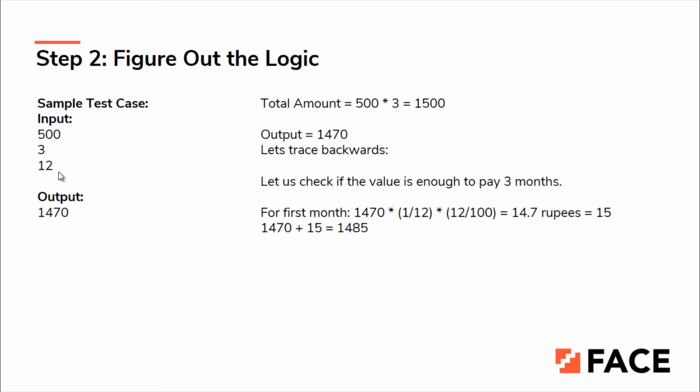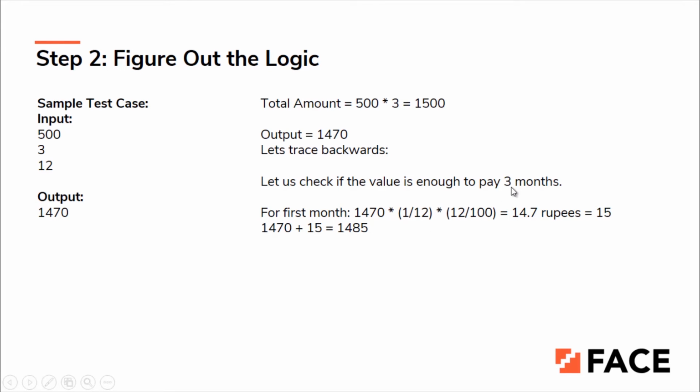So, 1470 is the initial amount that is deposited, and for 1 year, the rate of interest is 12%. That means for 1 month, it would be 1 by 12 of 12%, isn't it? So, 1470 into 1 by 12 into 12 by 100 will give me 14.7.